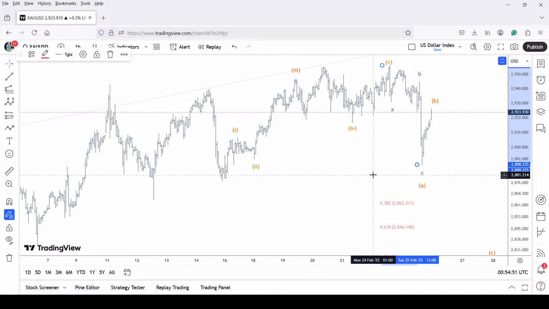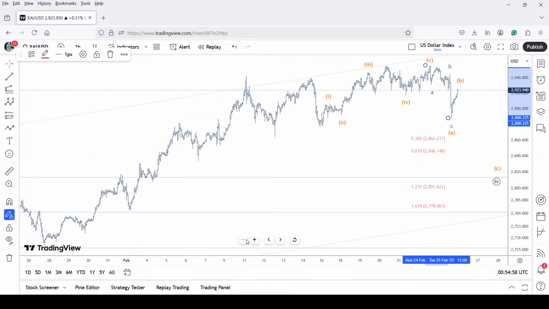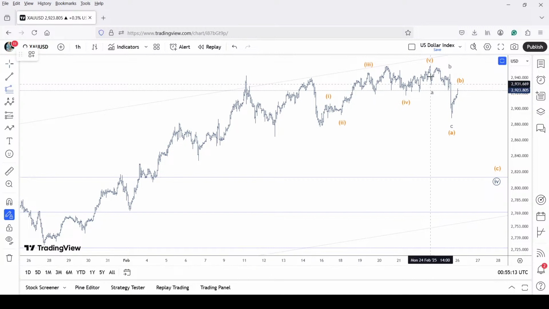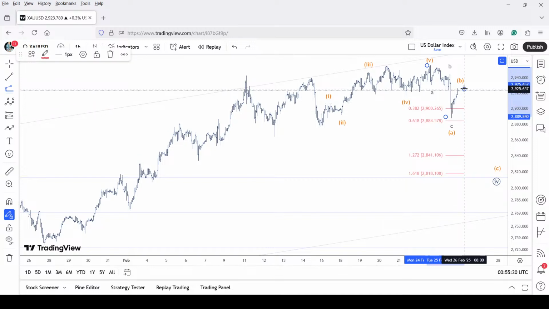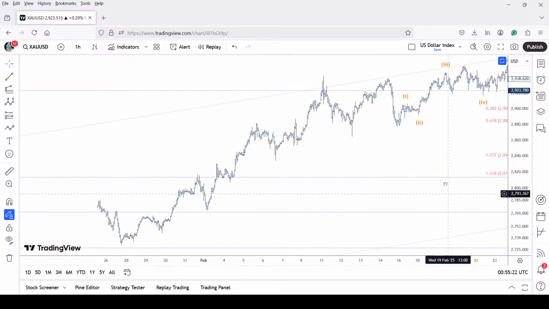Okay, so where are the targets, sir? The targets are possibly pointing towards 2846, and even 2778 is possible. Do you know what? If we bring back the Fibonacci with an Elliott standard, and we extend it to wave B, then you see that it's coming bang on target.